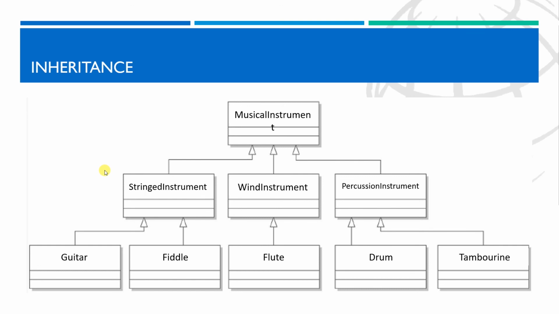In this case, you can see that a guitar and the violin are string instruments, and that in turn a flute is a wind instrument that is also a musical instrument, and that both drum and tambourine are percussion instruments, and similarly they are also musical instruments.